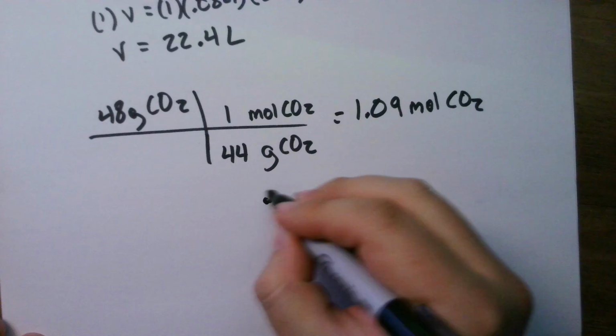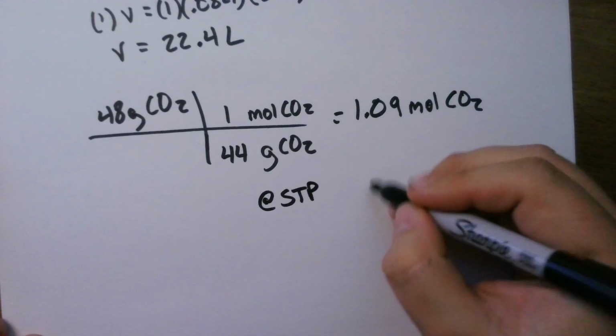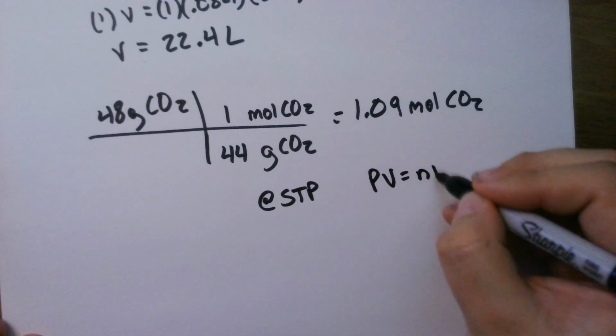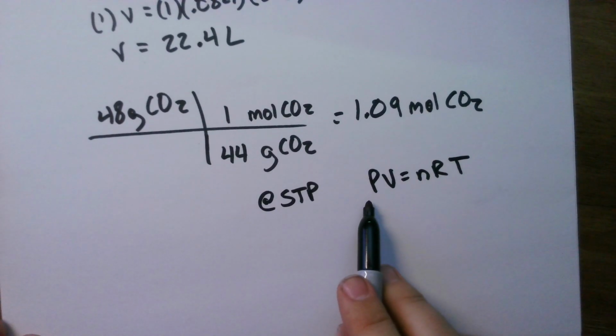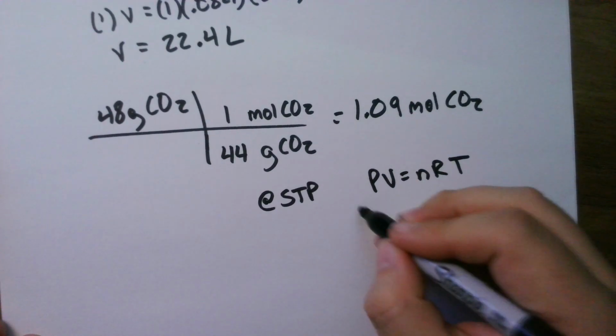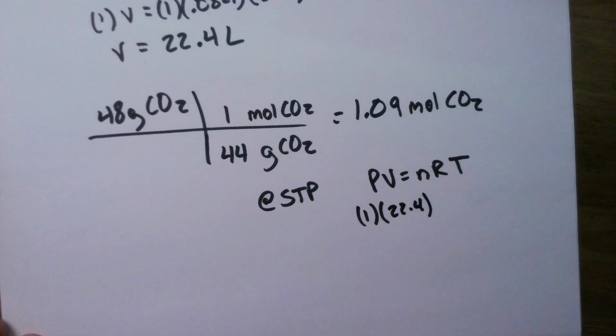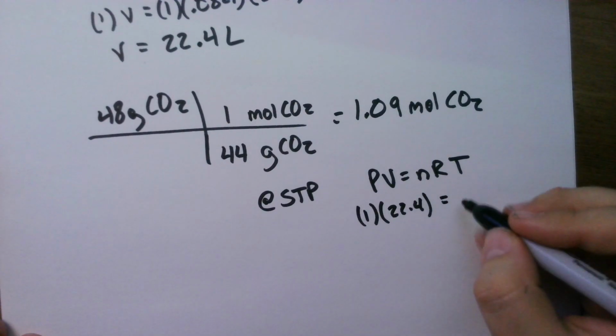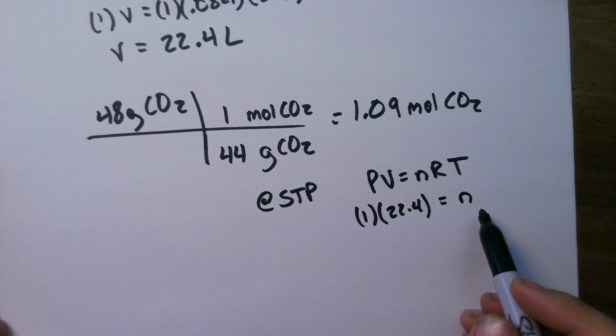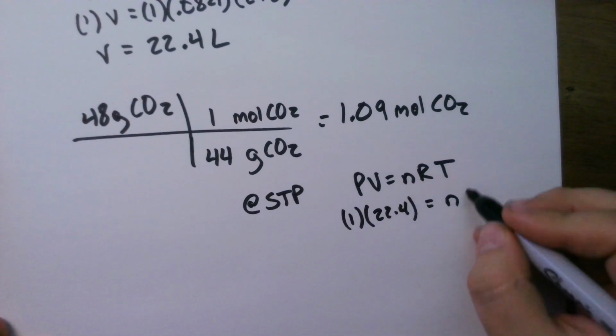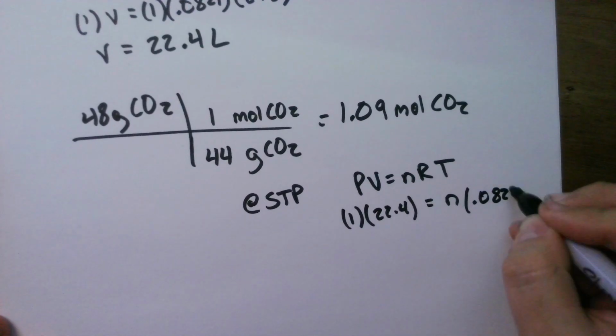So at STP, we could solve the gas law. Okay, pressure should be 1. It says it's a 22.4 liter container in my problem. Number of moles, we'll kind of solve for what that should be. R is 0.0821.